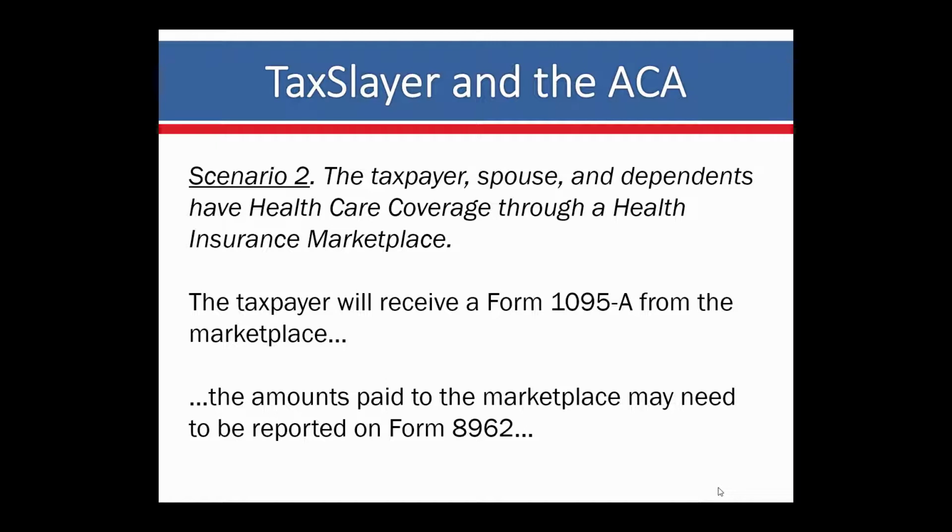In our second scenario, the taxpayer, the spouse, and dependents have health care coverage through a health insurance marketplace or exchange. The taxpayer will receive Form 1095-A, hopefully around January the 31st, from the marketplace. The amounts paid to the marketplace may need to be reported on Form 8962.